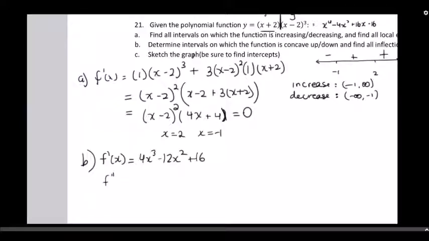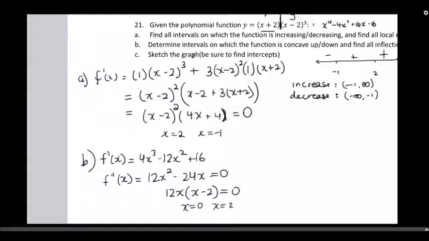The second derivative of the function would then be 12x squared minus 24x. So then that's pretty easy to solve for 0. If we set that equal to 0, take out a 12x, that's going to leave x minus 2. So then we're going to have x equals 0 and x equals 2 there.